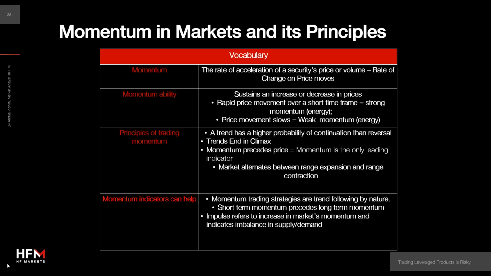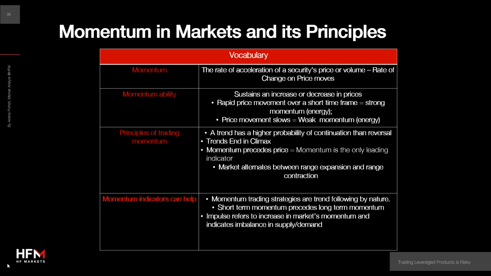So if you would like to apply momentum, you can either consider buying or selling an instrument based on the strength of its trend. If you want to use a momentum-based strategy, you can take a long position in an asset that is already trending up.